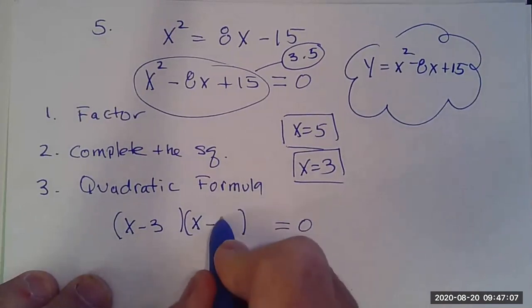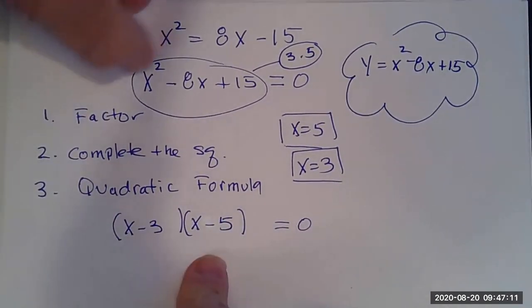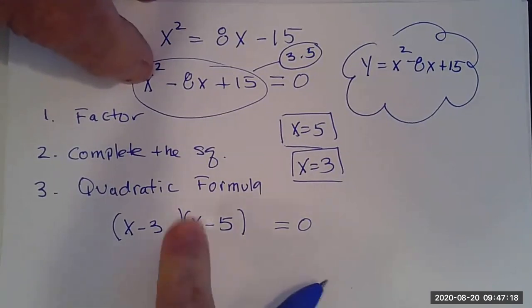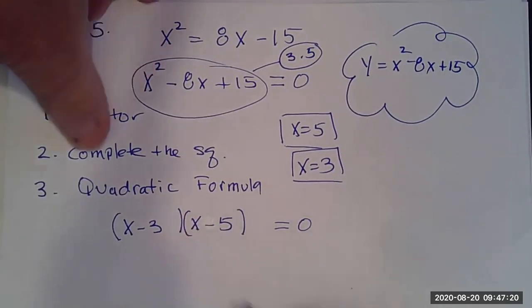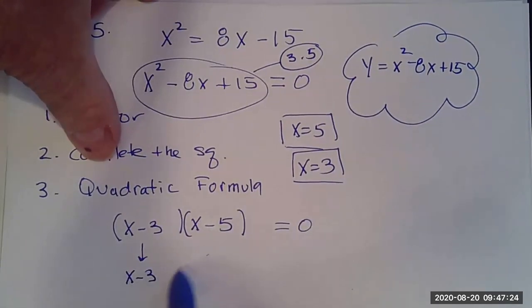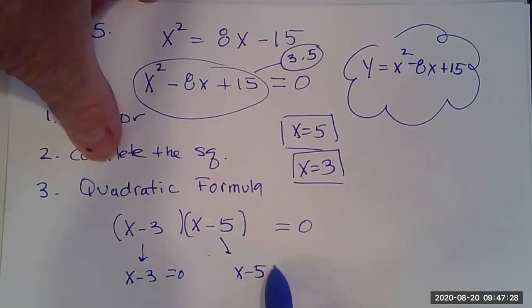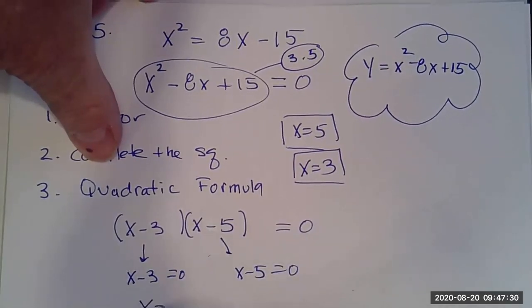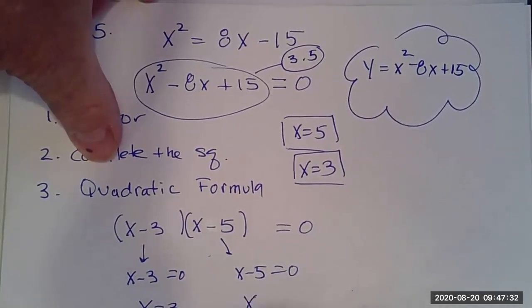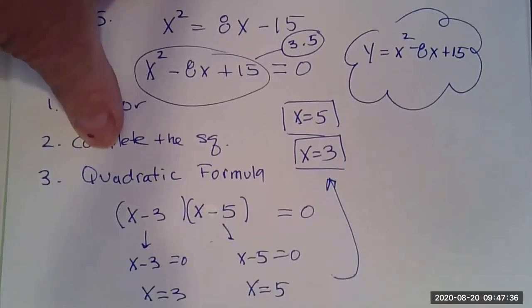Minus 5. Okay, this is a baby algebra factor problem. Everybody in my beginning algebra will learn or need to know how to do this, and quickly. So good job on that. And then also you go x subtract 3 equals 0, and x subtract 5 equals 0. So you're right, x equals 3, x equals 5, which exactly matches those guys there.